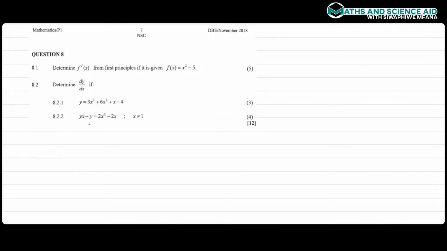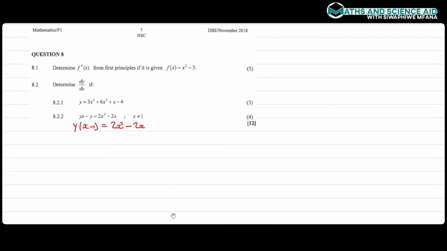So it's not that hectic at all, because immediately you see that actually here you can take y out as a common factor, and then you'll be left with x minus 1, and then equals to 2x squared minus 2x. And then after that, what is it that you can do? Well, you can divide both sides of the equation.